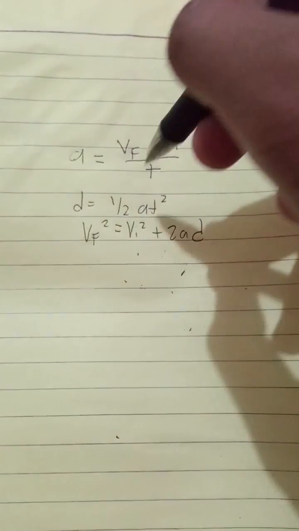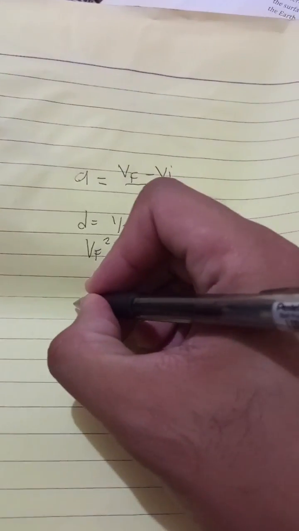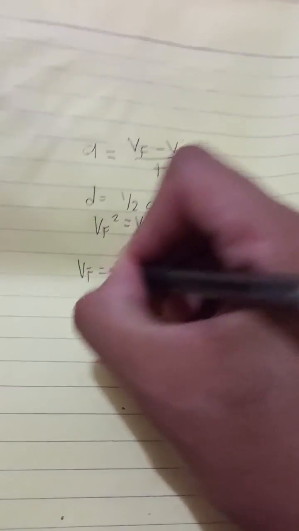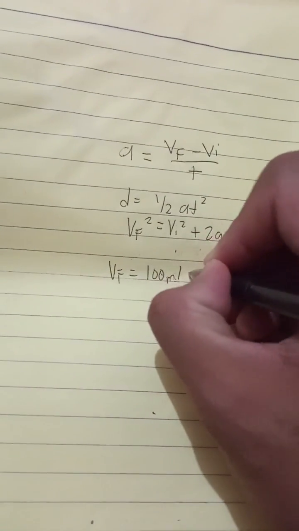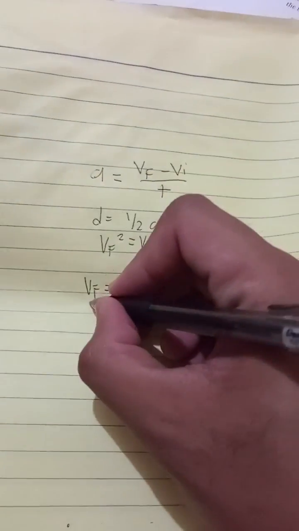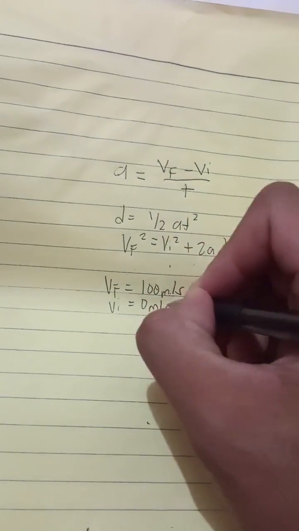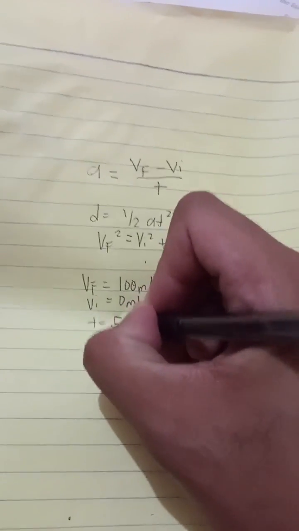First here. So let's say in this problem, the final velocity is 100 meters per second. The initial velocity is 0 meters per second, and the time is 5 seconds.